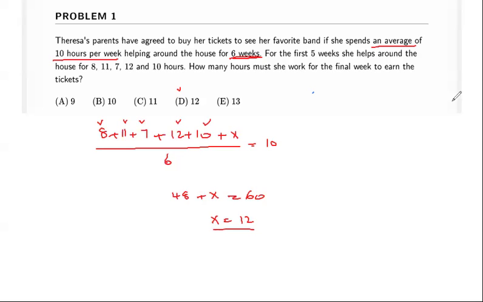What I mean by that: if you are writing the values 8, 11, 7, 12, and 10, there will be one last number. So this 8 is 2 less than the average. 11 is 1 more than the average. 7 is 3 less than the average. 12 is 2 more than the average. This 10 is exactly the average, so there's no difference.